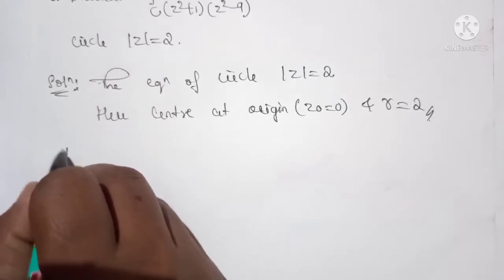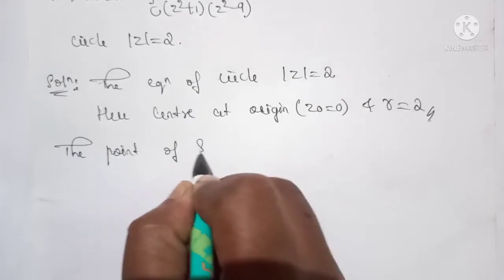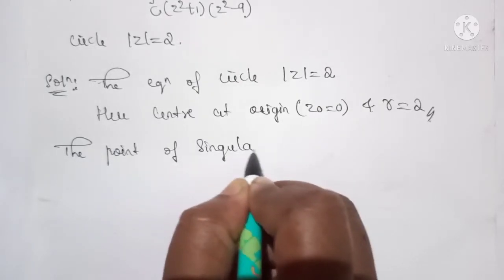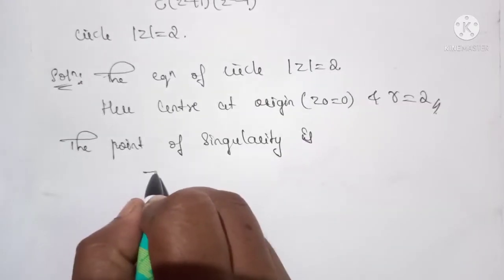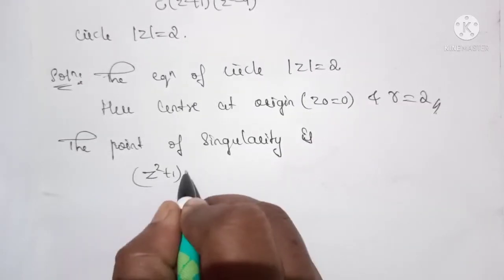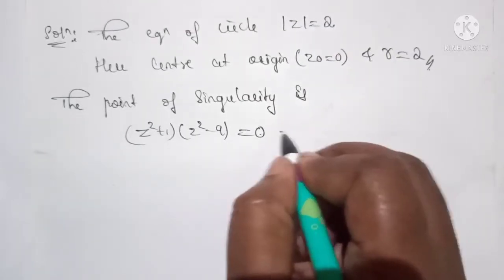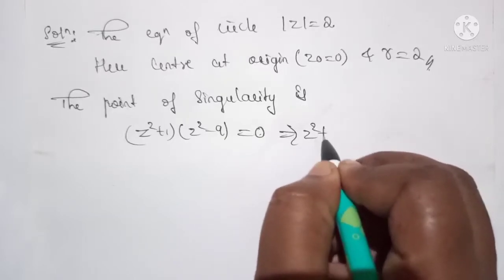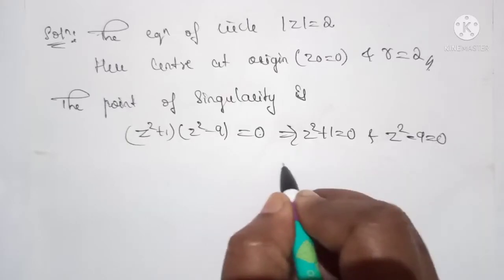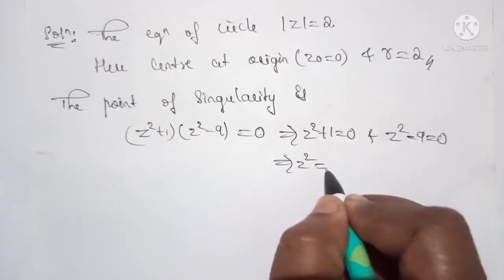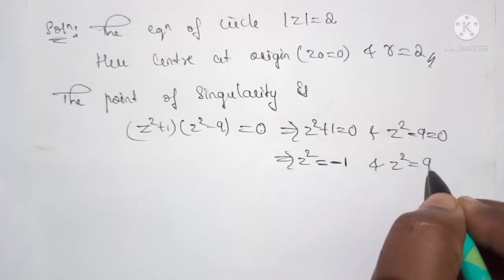So now the points of singularity are where (z square plus 1) into (z square minus 9) equals 0, so that we get z square plus 1 equals 0 and z square minus 9 equals 0. So we get z square equals minus 1 and z square equals plus 9.